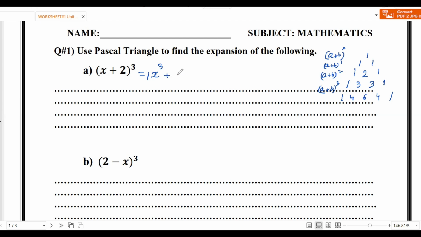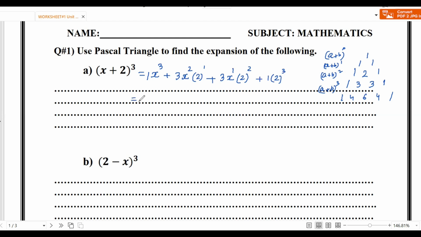After this, our next coefficient is 3, x to the power 2, 2 to the power 1, and then 3 again. Decrease the power of x, which is now 1, and increase the power of 2, which becomes 2. And lastly, 2 to the power 3.